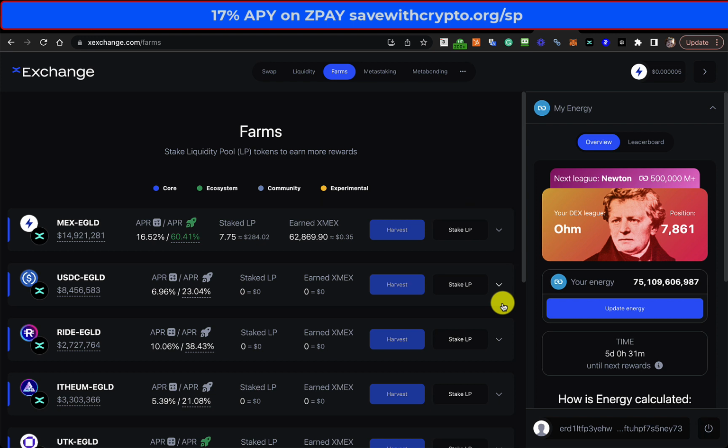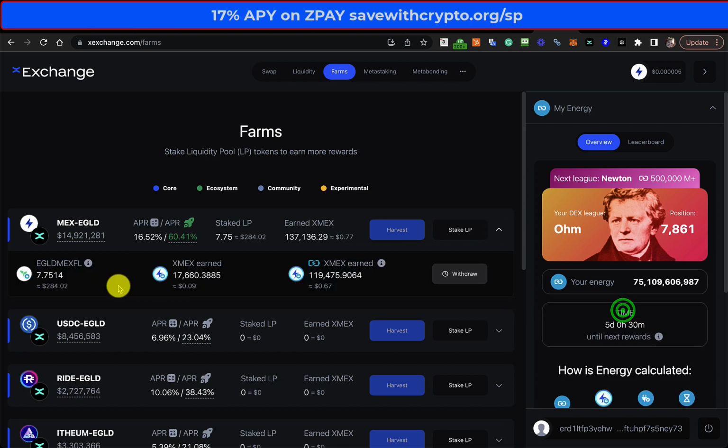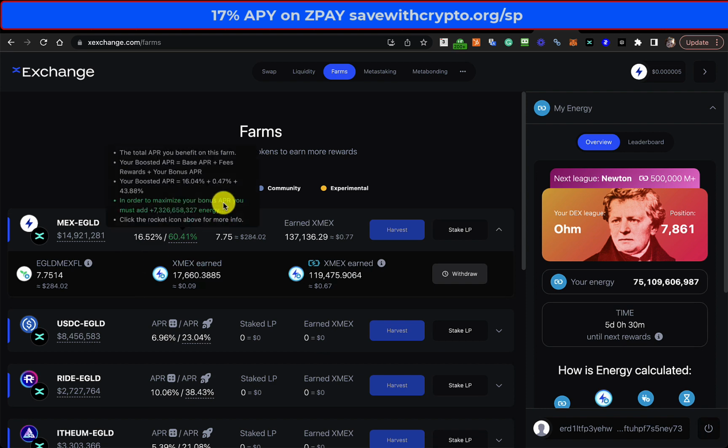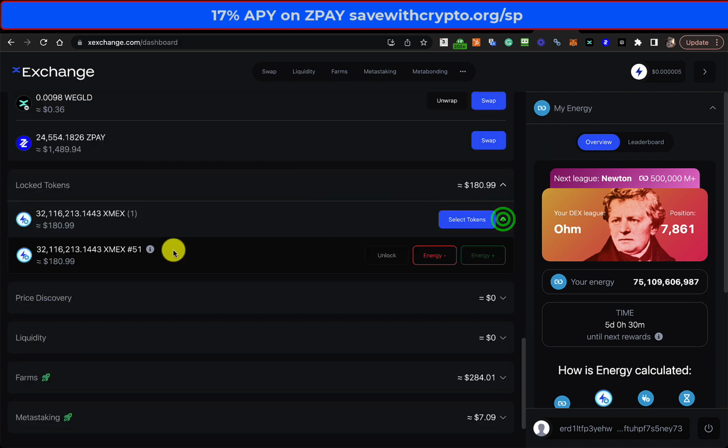So that's quite good. So at this point, I should probably update my energy, shouldn't I? So my farm is still worth the same amount. In the locked tokens, I've got this lot here, which are worth $180. Right, so I'm just going to leave this like it is now until Friday, and then write down some figures then, and take it from there.